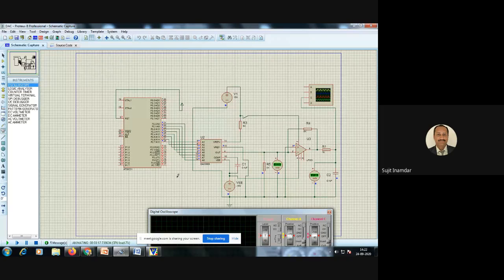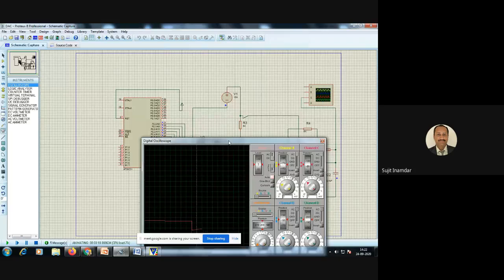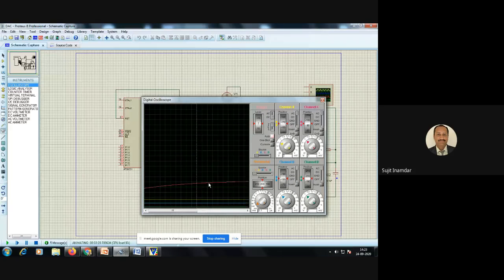When I get the exact solution for why this staircase does not look exactly like a staircase, we will work on that. Here, let's check how it goes.